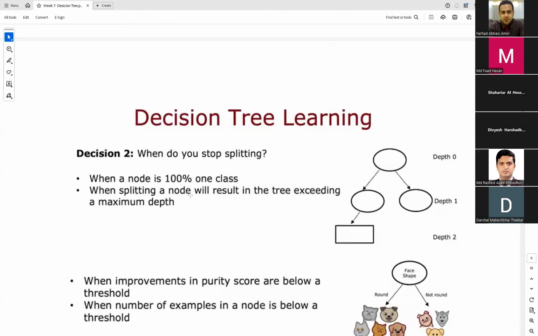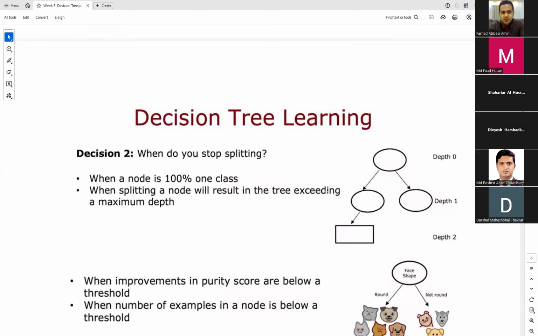So now you stop your decision tree. Second, when splitting a node will result in the tree exceeding a maximum depth. For example, when you're using the decision tree, you can predefine the number of depth levels that you need.